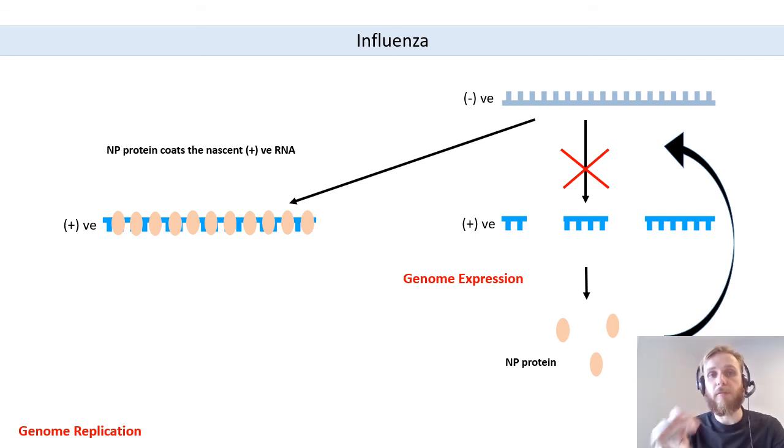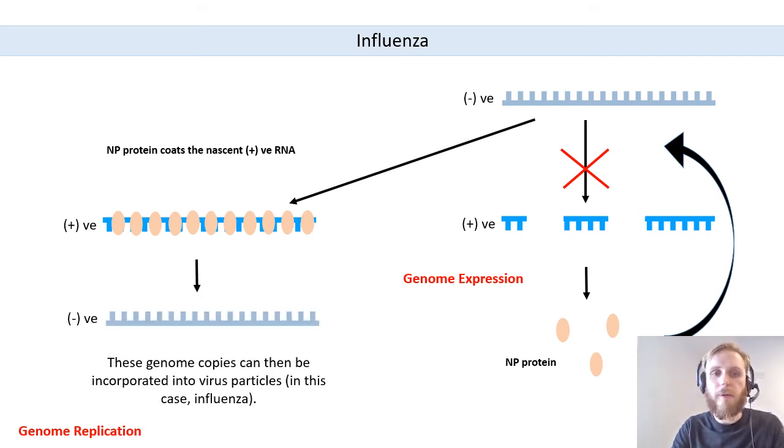This enables the virus to express proteins when it comes into the cell, producing these subgenomic fragments and protein as a result of translation, but then to move towards genome replication in the later stages of infection. We know there has to be another stage as well, because this full-length positive sense single-stranded RNA then needs to be used to produce a negative sense complementary copy.